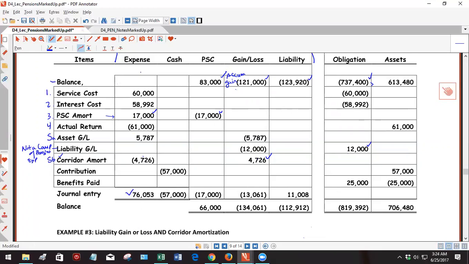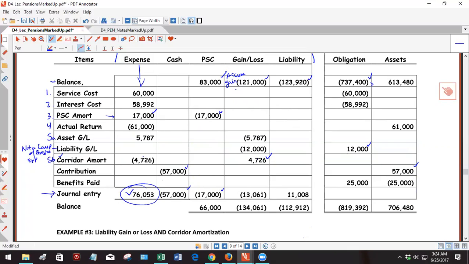You could do this, and we did do this in examples 1 and 2, without a pension worksheet. We just added these components up. So there's your pension expense. Your cash is always going to be a credit. It's really clear to see on the worksheet, this is going to the plan assets. So the company doesn't pay employees directly. They have to pay the pension plan. And then we have our prior service cost amortization as part of our journal entry.